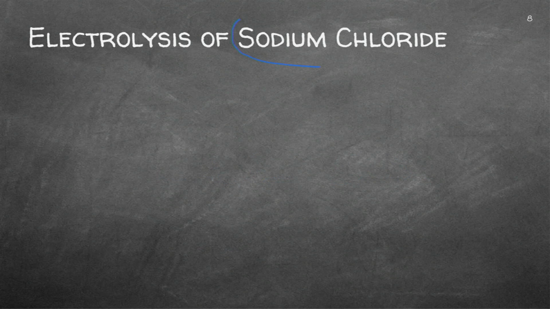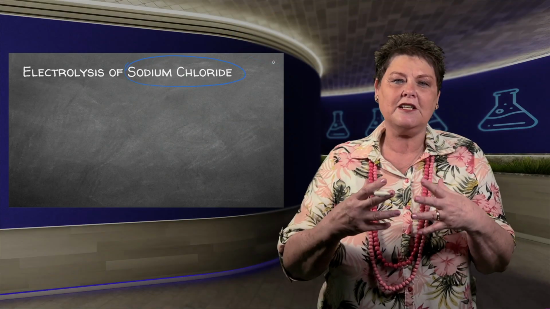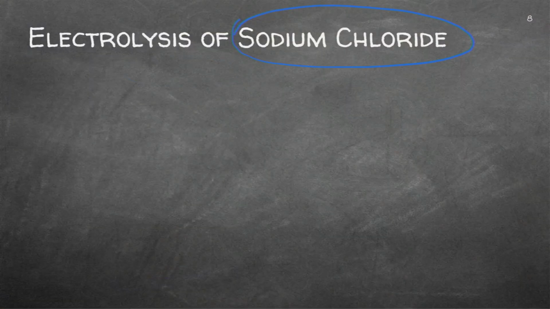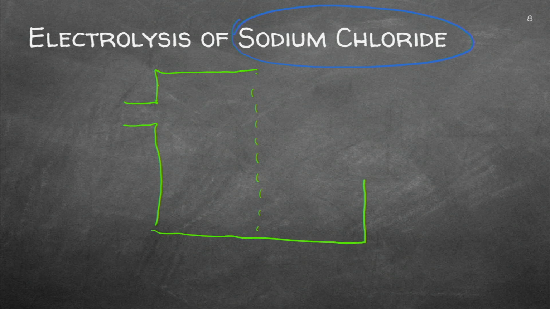Electrolysis of sodium chloride. Now, what we're going to use now is a little bit of a different apparatus. It's a little complicated in terms of how it looks. So we've got a cell like that, which is quite different to the ones that you've done before.